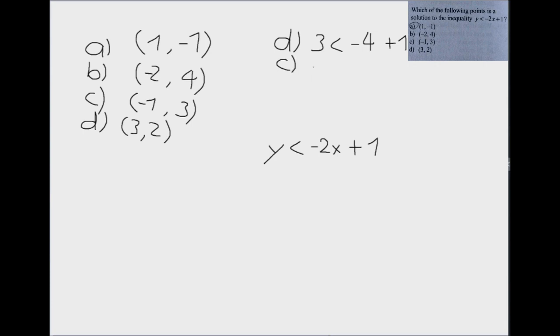And then we have C here. -1 is smaller than -4. Oh no, -6, sorry, I looked at the bottom. Then we get -6 plus 1. So -6 plus 1 is -5, which is smaller than -1, so this is wrong too.